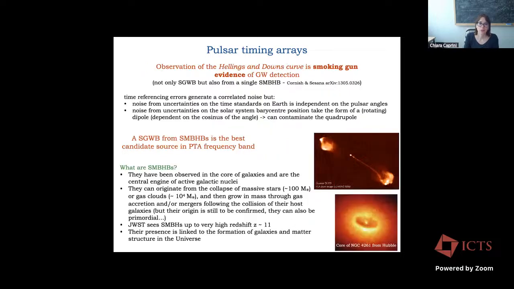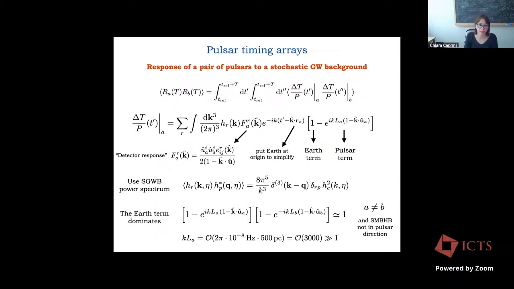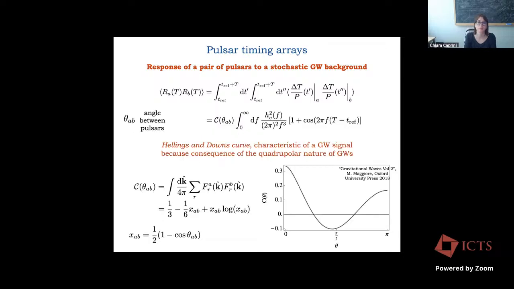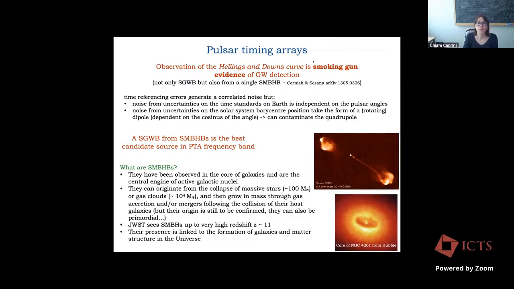So the observation of the Hellings and Downs curve, that, mind you, we have obtained under this assumption of homogeneity and isotropy of the stochastic background, is smoking gun evidence of gravitational wave detection. And you can have a look at this paper.